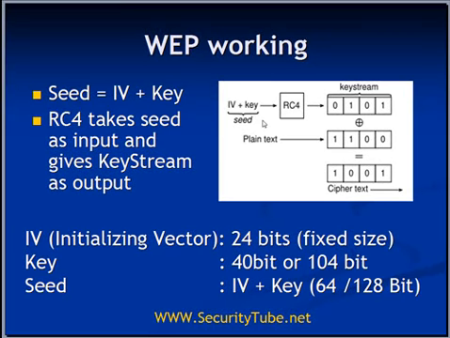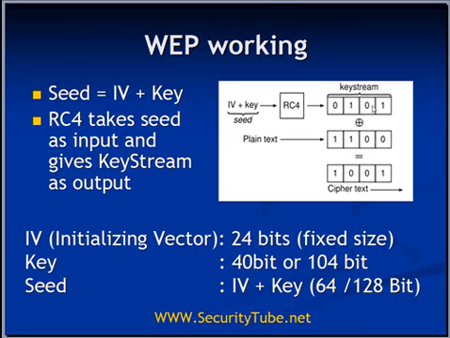The initialization vector is concatenated with the key just to make the key stream random for every packet. The IV is a 3-byte or 24-bit value which will be concatenated with the key, and this whole concatenated seed is passed as input to the RC4 algorithm.